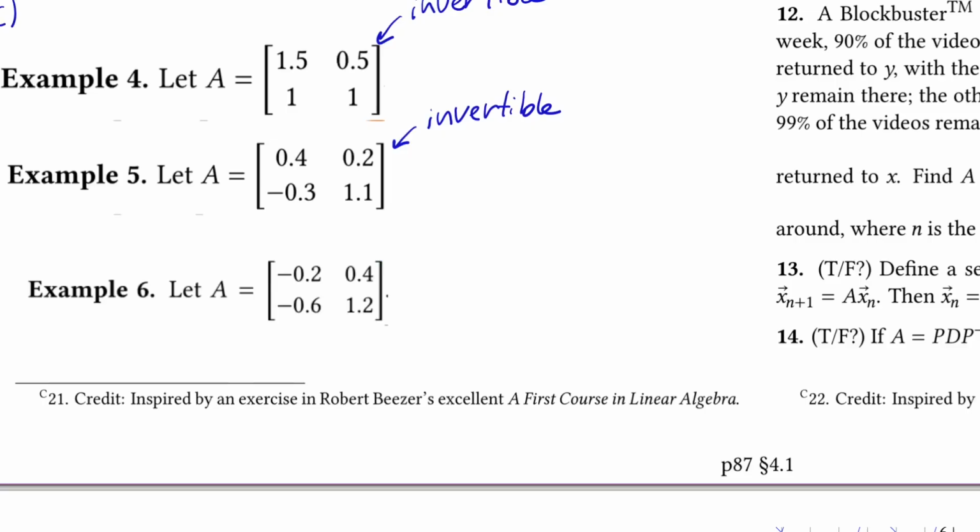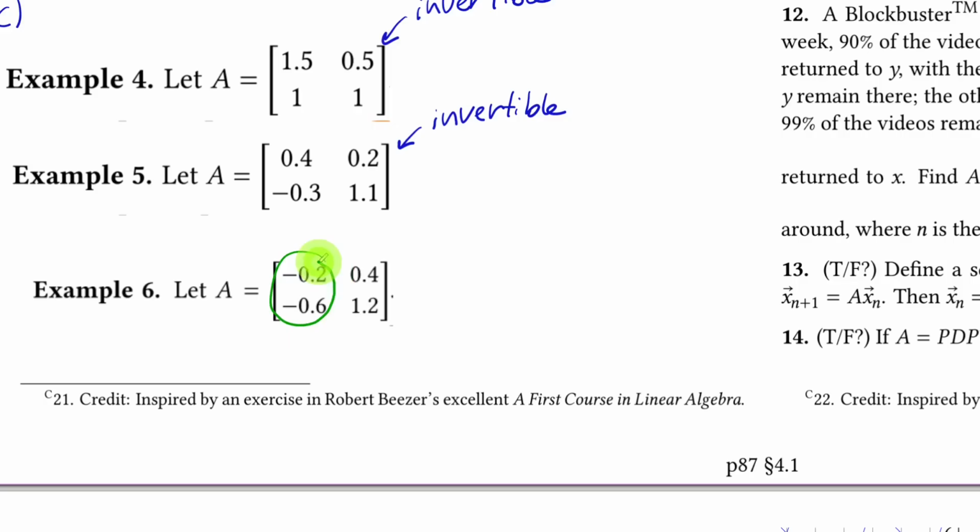Are these columns linearly independent, or is it possible to write one as a multiple of the other? It is possible to write one as a multiple of the other.